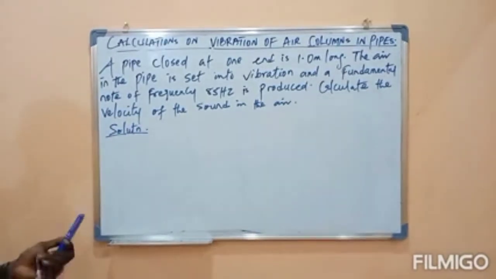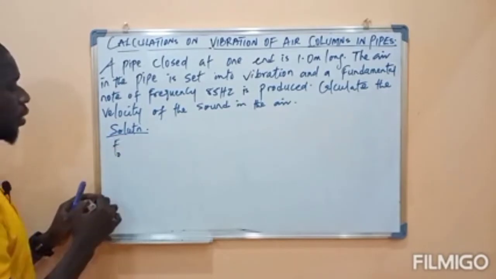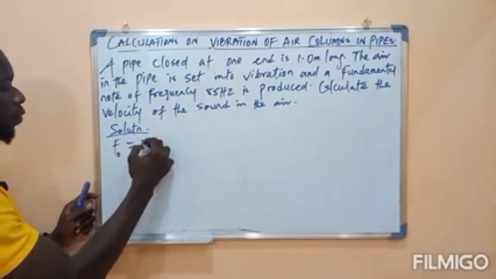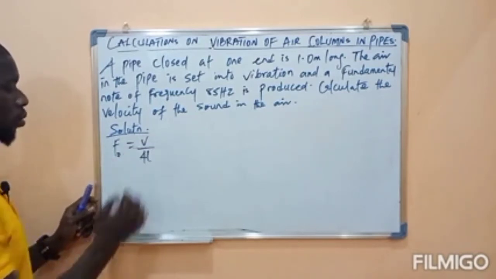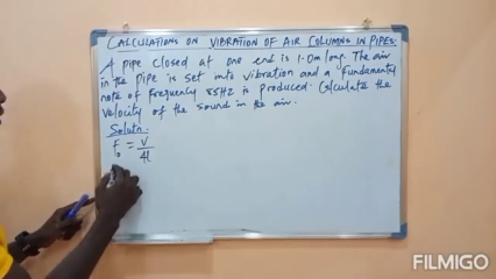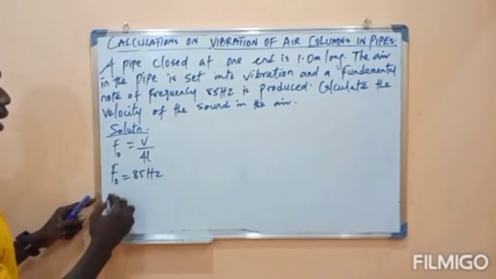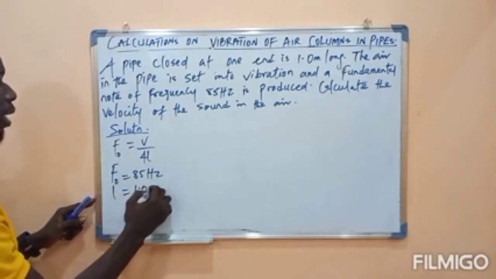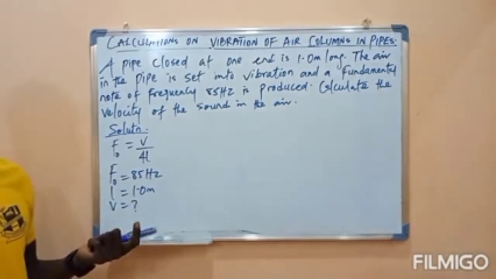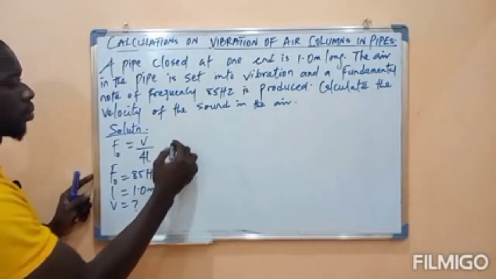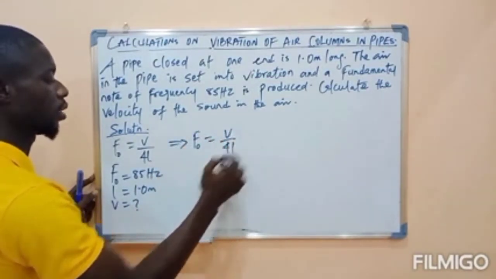Since it is a closed pipe, I will quickly write my formula that F0 is equal to V over 4L. Don't forget. Here we are given that the fundamental note is 85 Hertz and the length of the air column is 1.0 meter. Then we are looking for velocity. So F0 is V over 4L.